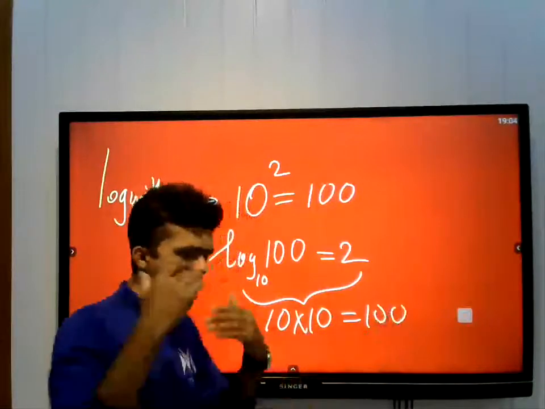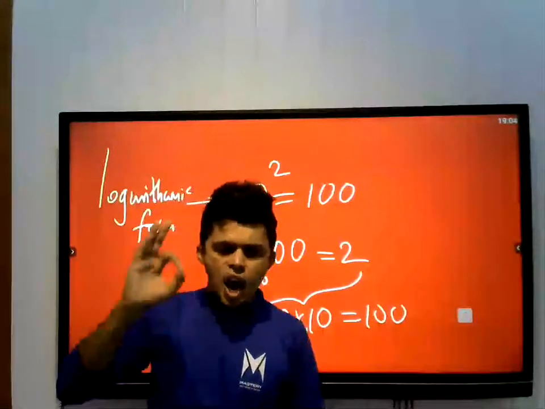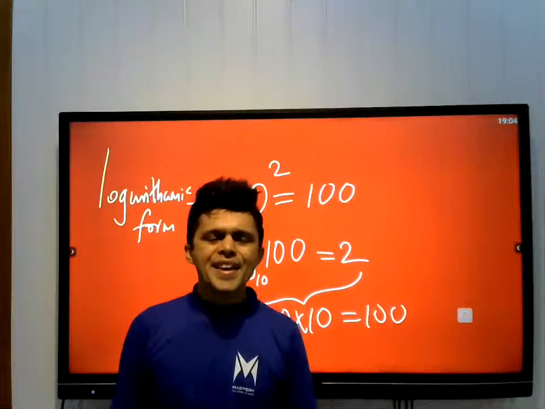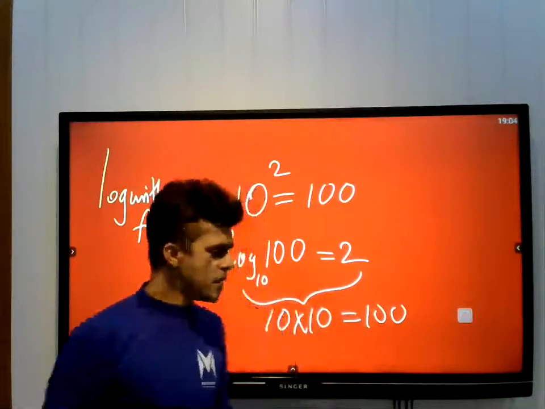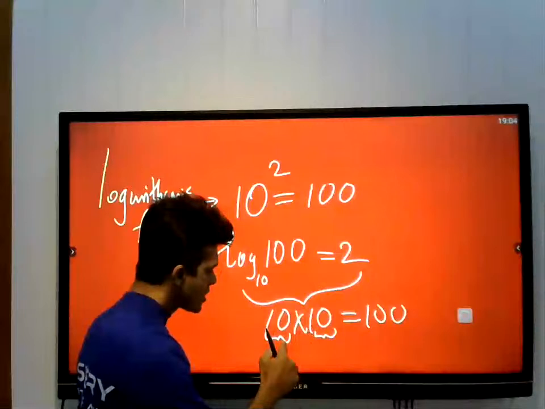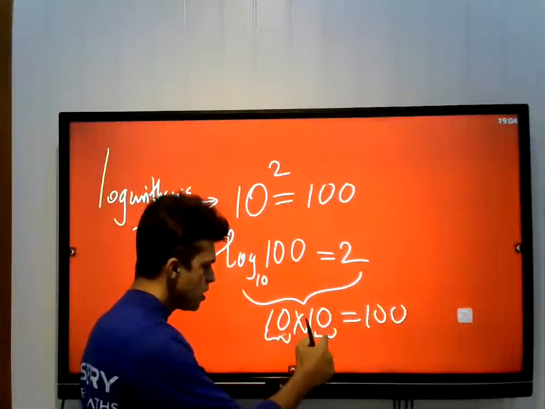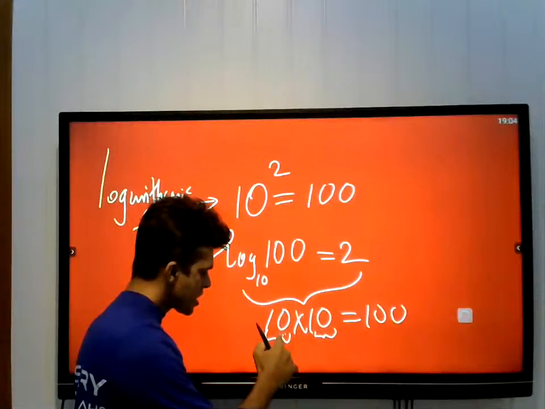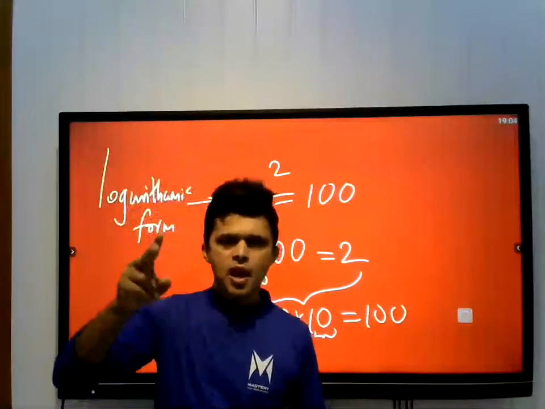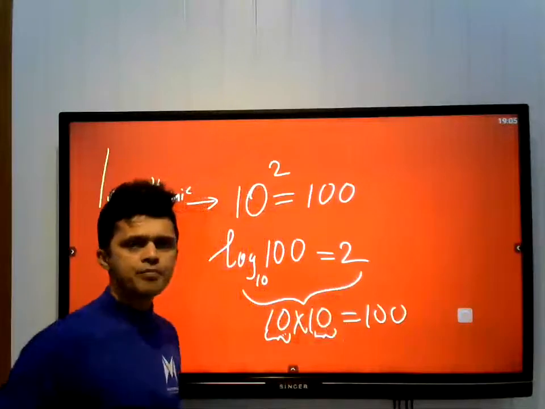So how many times should the digit 10 be multiplied to get 100? This is the first time, this is the second time. The digit 10 is multiplied 2 times.